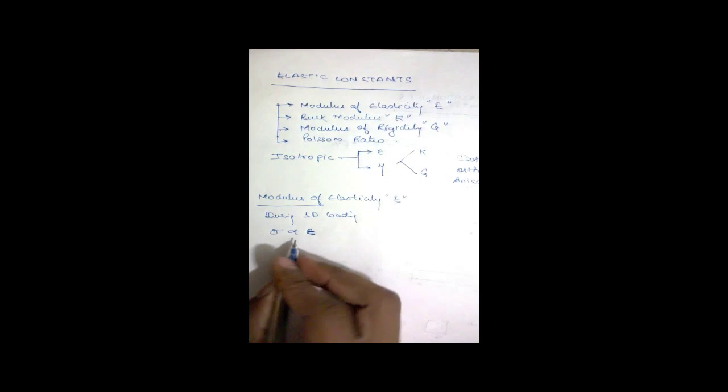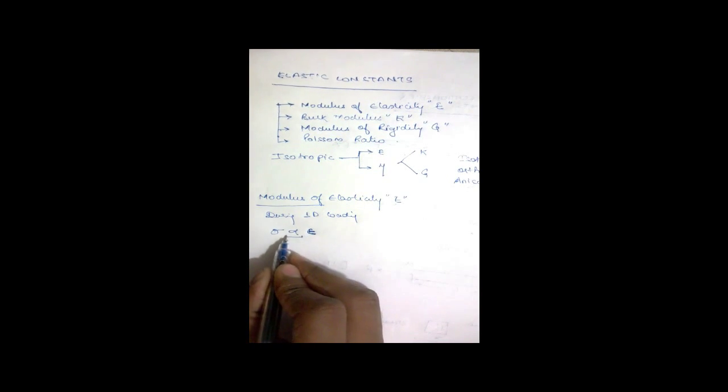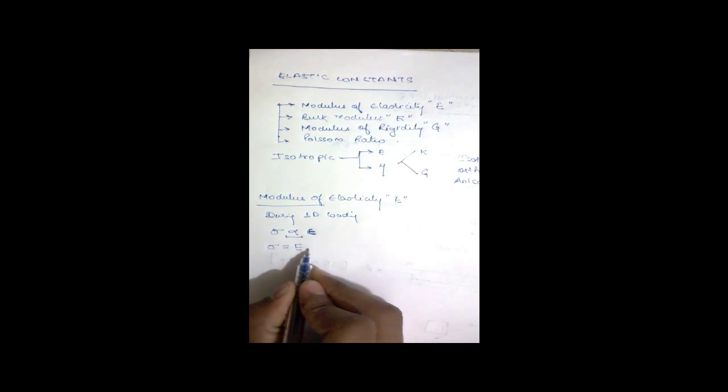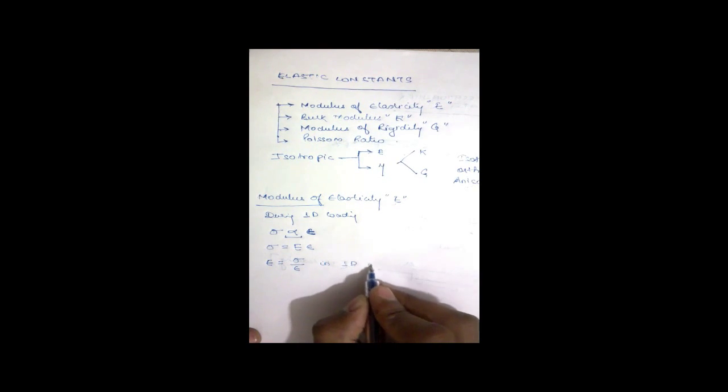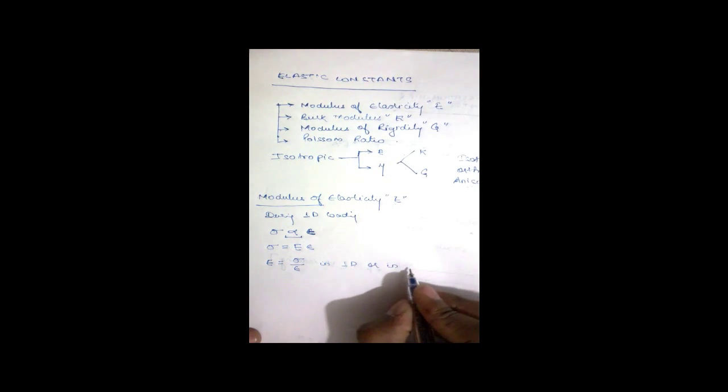We have denoted strain by epsilon. In order to remove this sign of proportionality, we need to add one constant which is known as E, or the modulus of elasticity. So in turn we can write the modulus of elasticity is the ratio of stress to strain in one dimension, or in longitudinal loading.